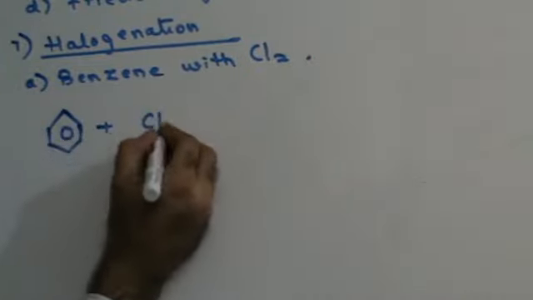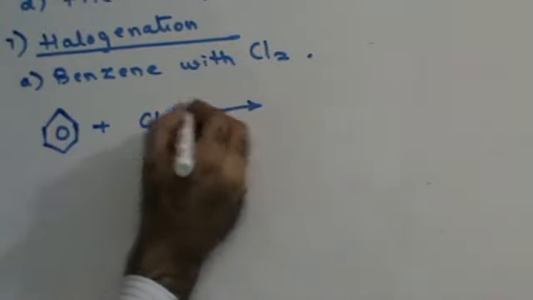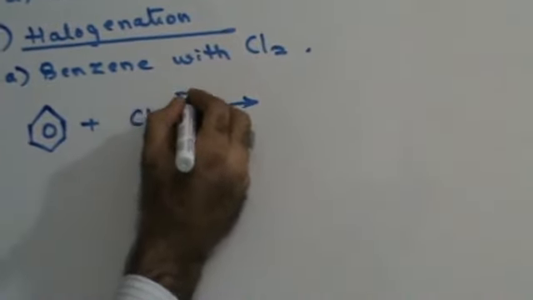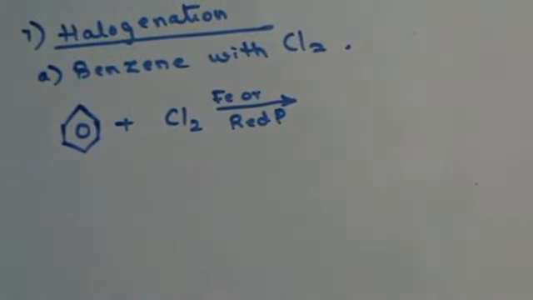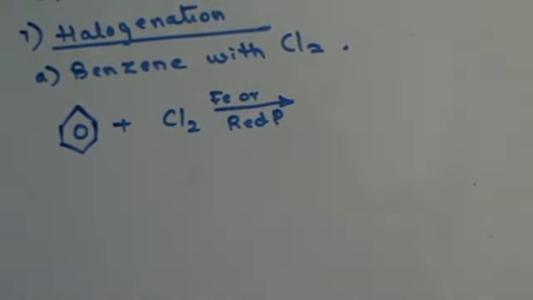If you have benzene, see, I'll show you this. Benzene reacts with chlorine. The catalyst is iron or red phosphorus. These are the 2 catalysts. If you have these catalysts, then what you will get is not addition reaction, but you will get substitution reaction. Fine, do we get this in here?